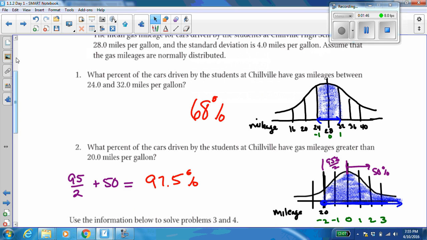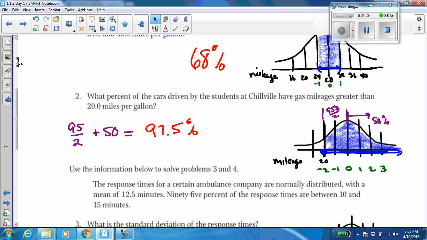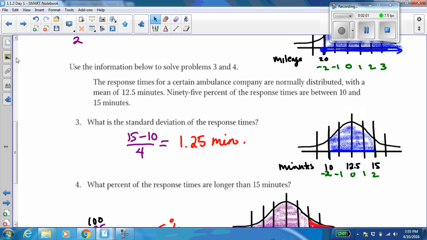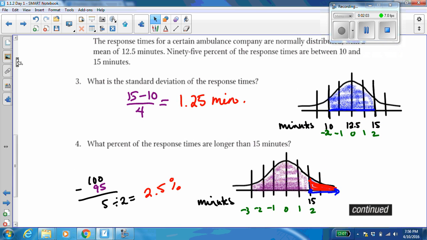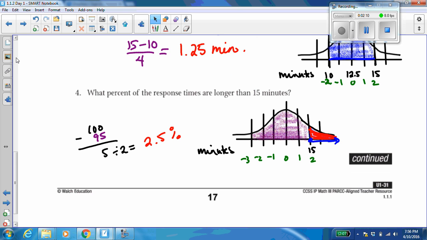So for number 1, we should have gotten 68%. There's a picture there, along with our standard deviations written below it. Example number 2, 97.5%. Example number 3, 1.25 minutes. And don't forget, we should be drawing a picture along with all of our examples.